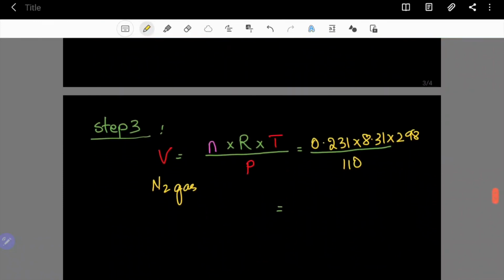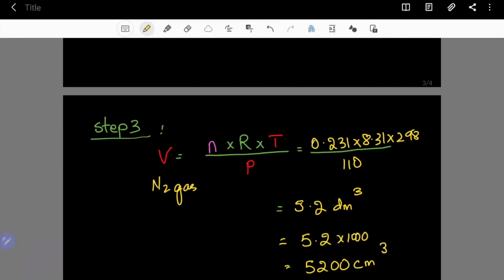Then your volume would be in decimeter cube. And in this case, it is 5.2 decimeter cube. And if required, you can convert this into centimeter cube by multiplying it by 1,000. So that depends on the question. And in this case, you can convert this into 5,200 centimeter cube.